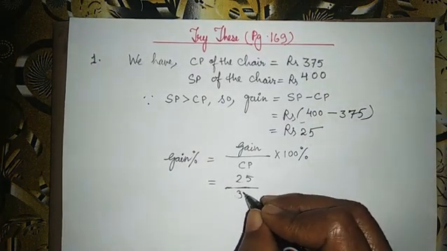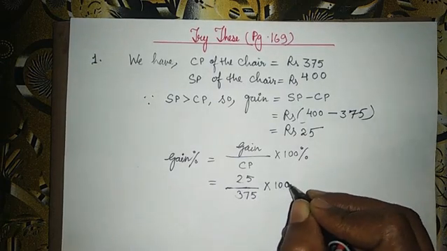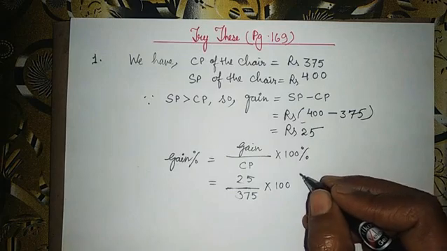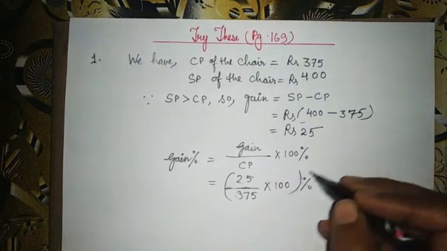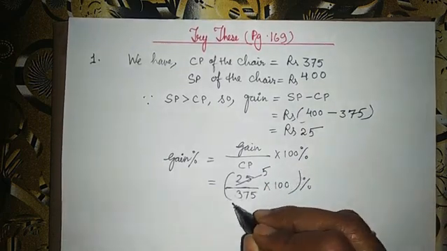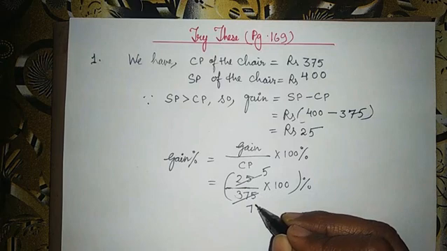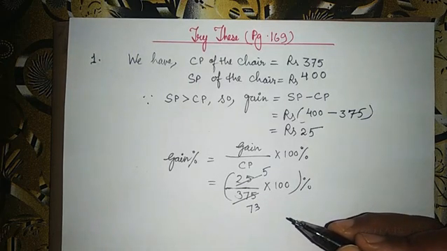Here we will write 375 into 100. Now children, we will simplify. Here 5 fives are 25, 5 sevens are 35. And 5 threes are 15.